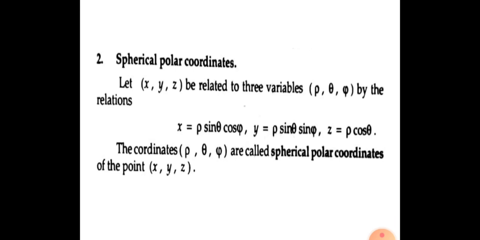The coordinates rho, theta, phi are called spherical polar coordinates of the point x, y, z.